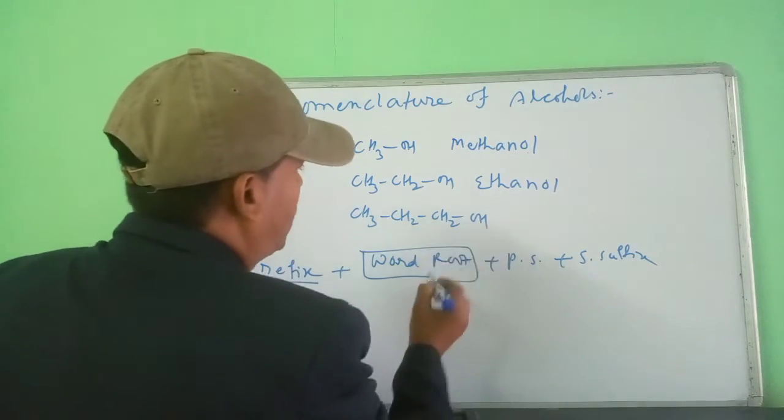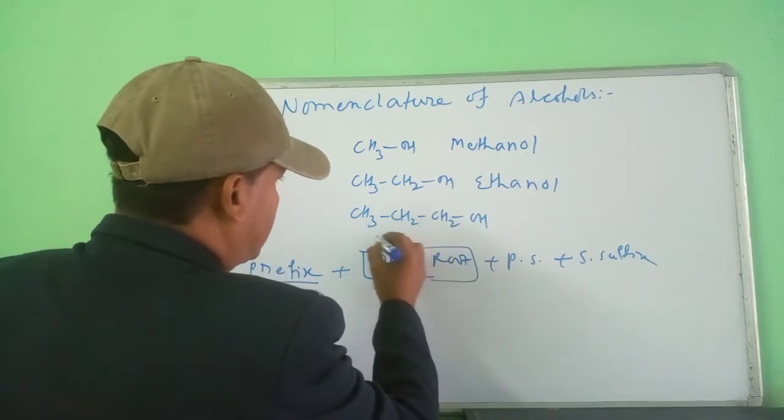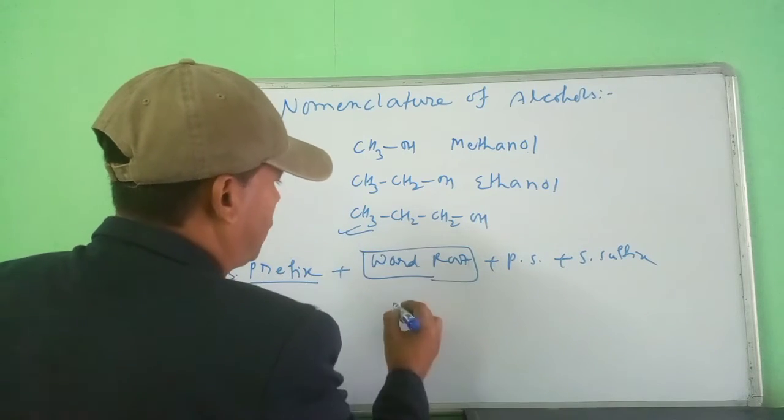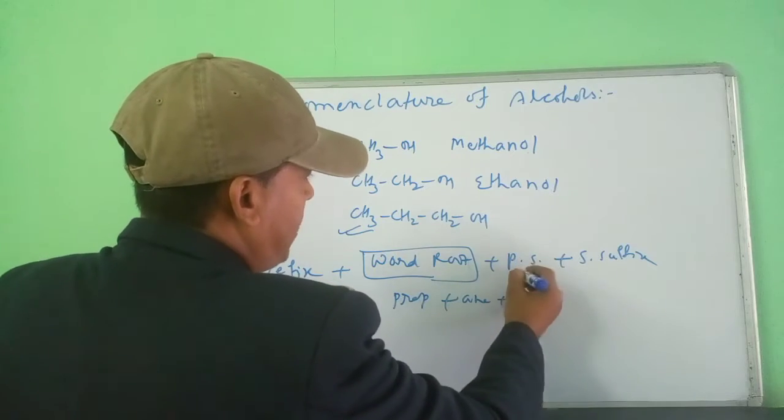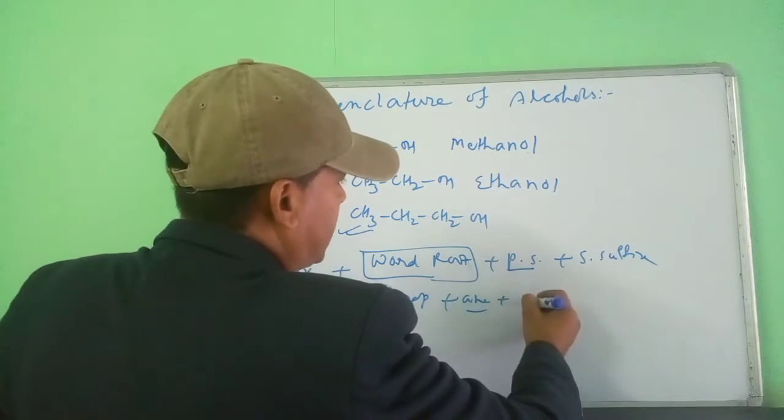The word root is the total number of carbon. Suppose your compound is like this: prop is the word root, the primary suffix is ane, and the secondary suffix is ol.